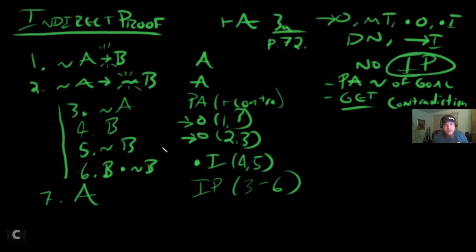Like, that doesn't make any sense. Okay, it can in other contexts. But you're saying, all right, if what you're saying is true, then it leads to this situation where something is true and its opposite is true, and that's stupid talk. That's what's going on here in indirect proof. This is true because if it's not, it leads to absurdity. That's why this is also called a reductio ad absurdum.